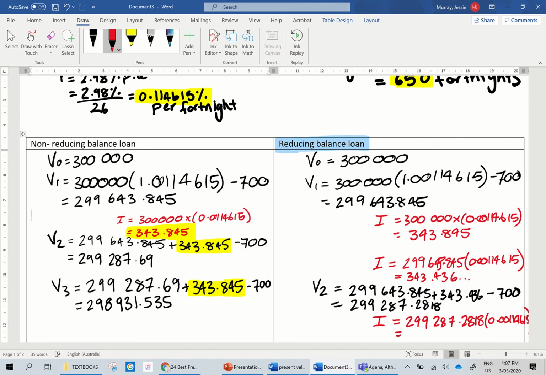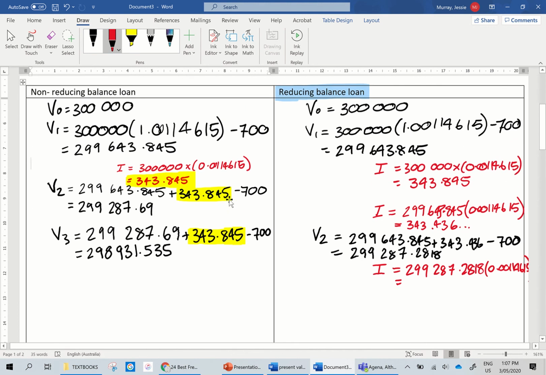And I see what I have to pay in interest on my third repayment. $343.028118. So that is the interest I'd have to pay on my third fortnight.